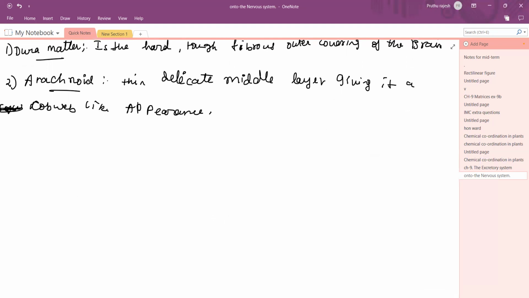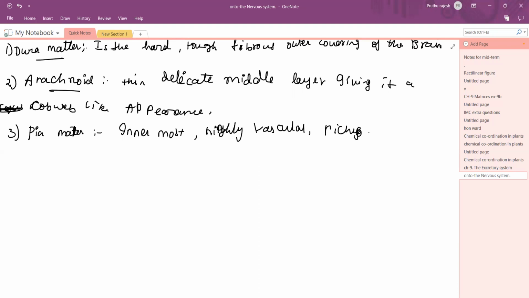The innermost, third one, is highly vascular, rich in blood vessels.